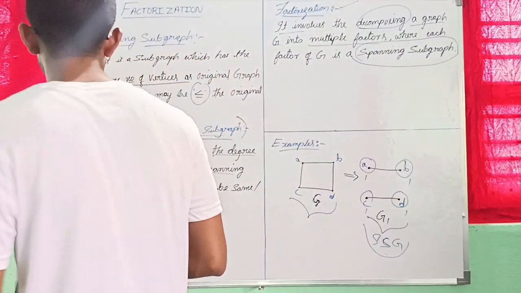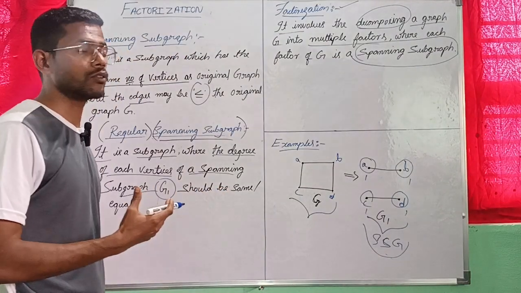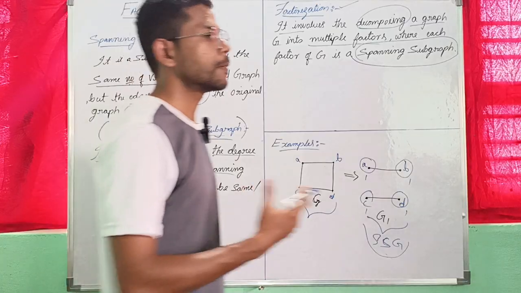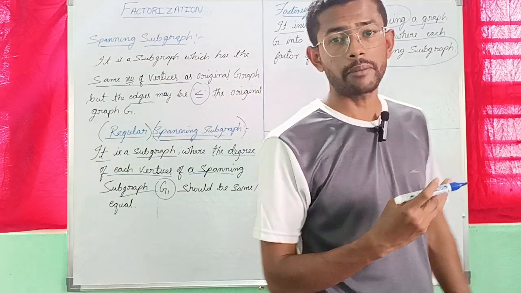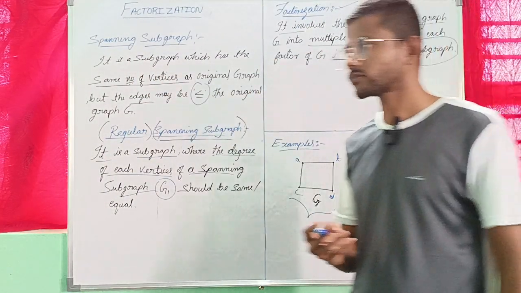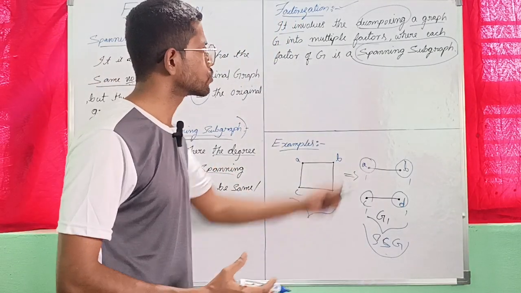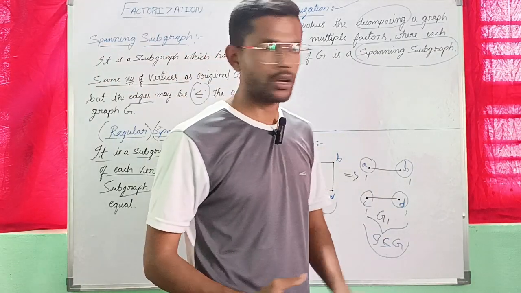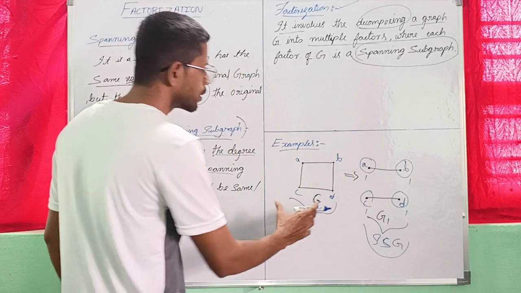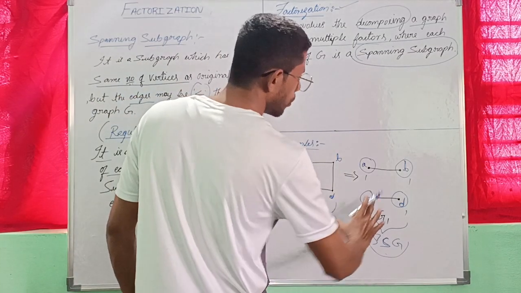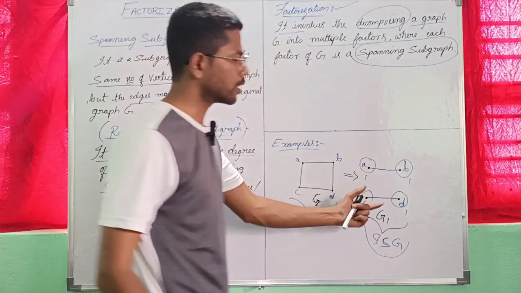The general meaning of decomposing is fragmentation, breakdown, or separation. When we break down the graph G into multiple factors, here there is one factor.